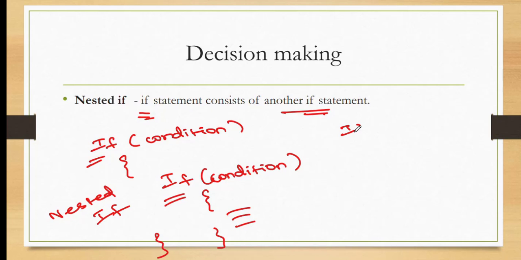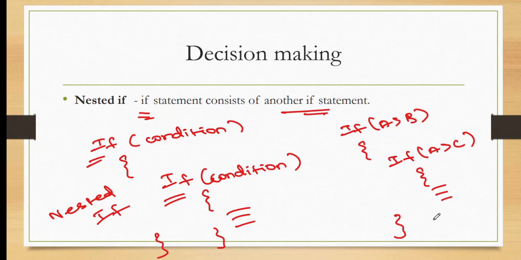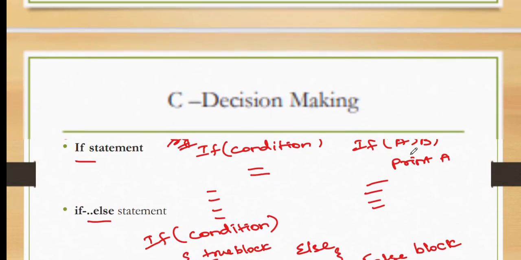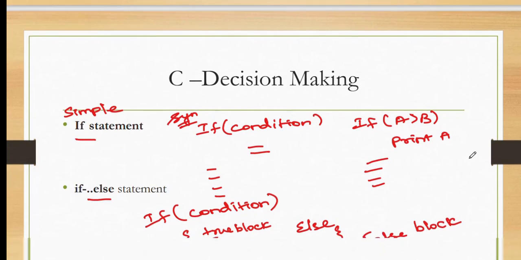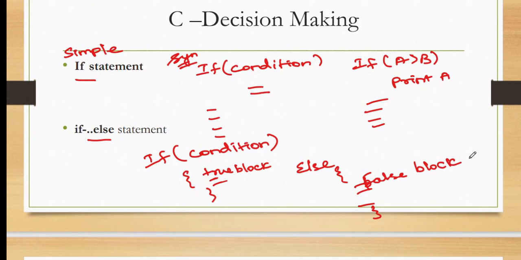For example, if A is greater than B, and also I am checking if A is greater than C. In this program, you have an if statement, and inside it you have another if statement. This is called a nested if statement. So decision making is done using the if statement, in three types: the simple if statement, the if else statement, and the nested if.